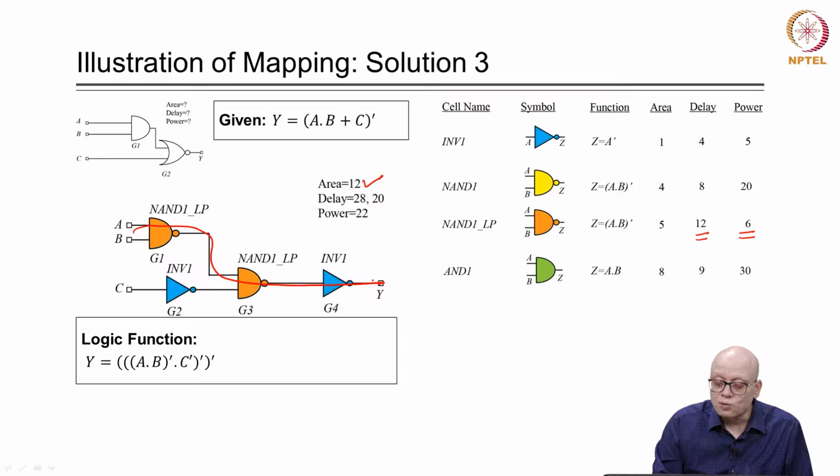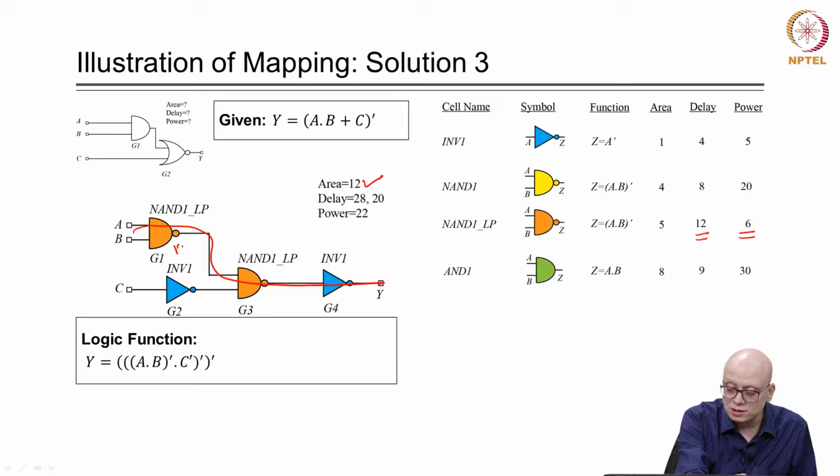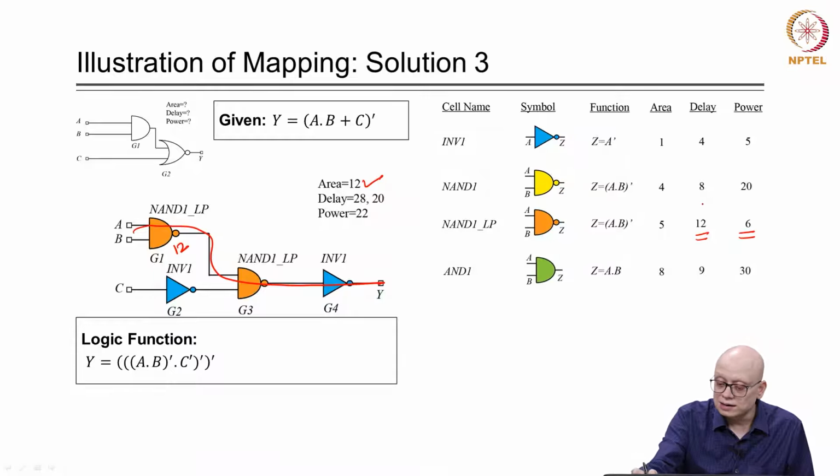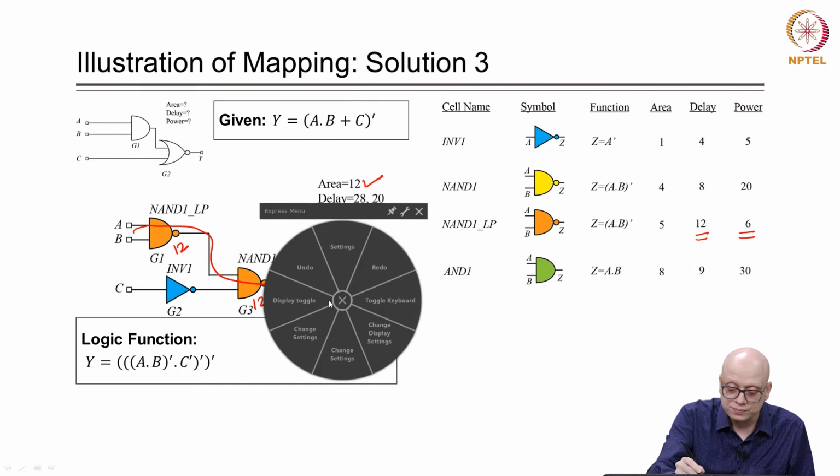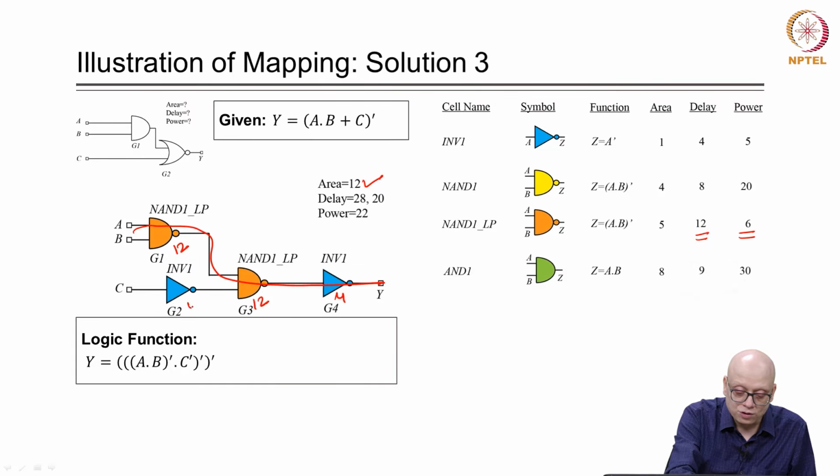The delay is 12 for this, and then we have a delay of 12 for this also, and a delay of 4 for each of these inverters. So, from A to Y the delay is 12 plus 12, 24, plus 4, 28, and from C to Y the delay is 12 plus 4, 16, plus 4, 20.